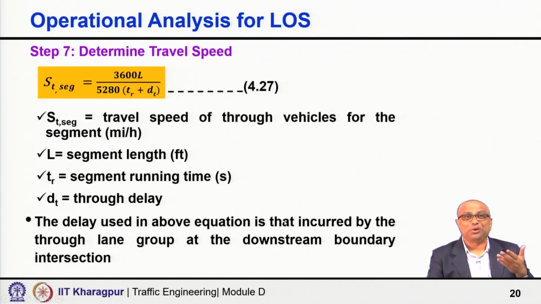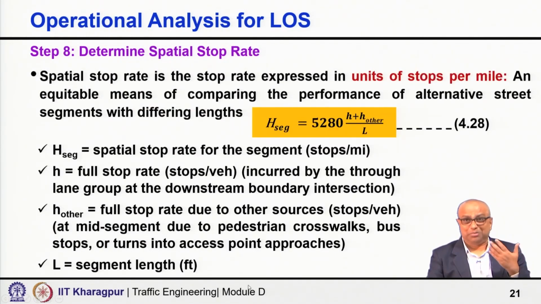In mid block also a vehicle might stop due to some other reasons, as I said, pedestrian crosswalk, bus stop or turns. So, these two together you take, you consider the segment length, and accordingly you can calculate stops per mile.